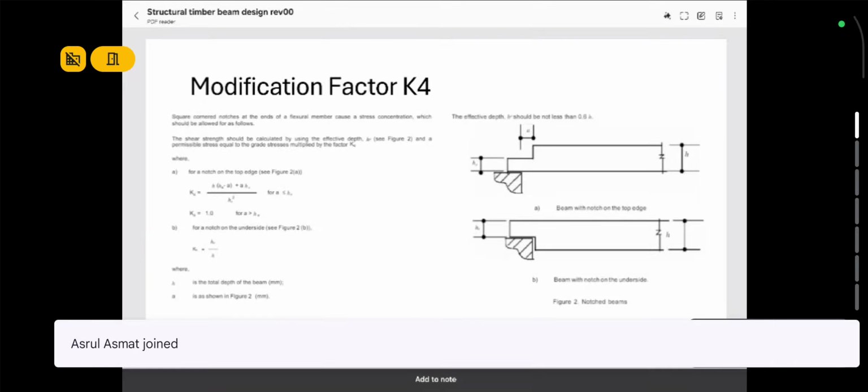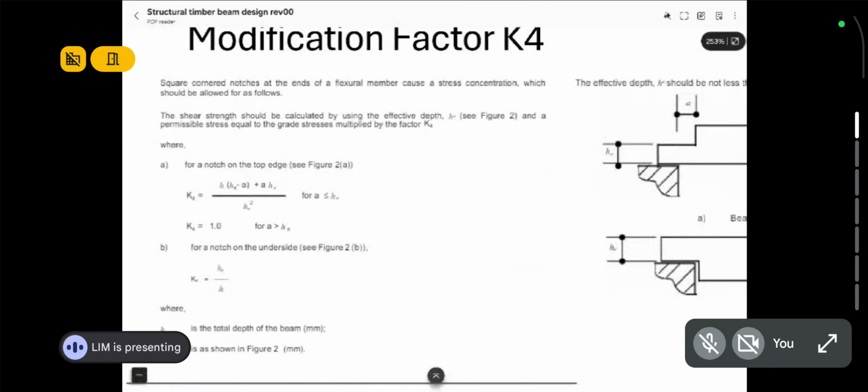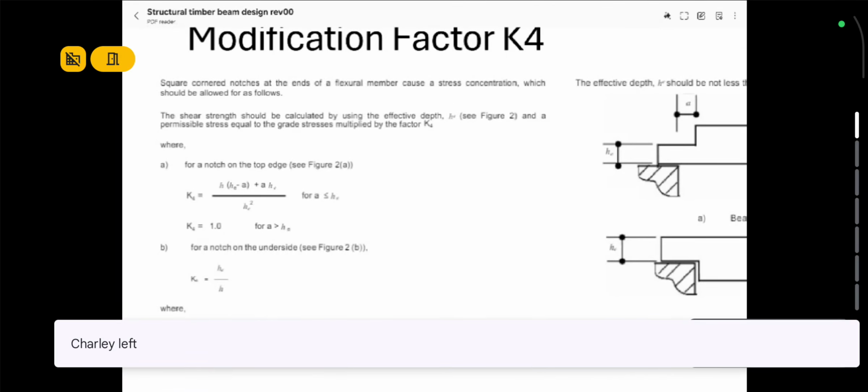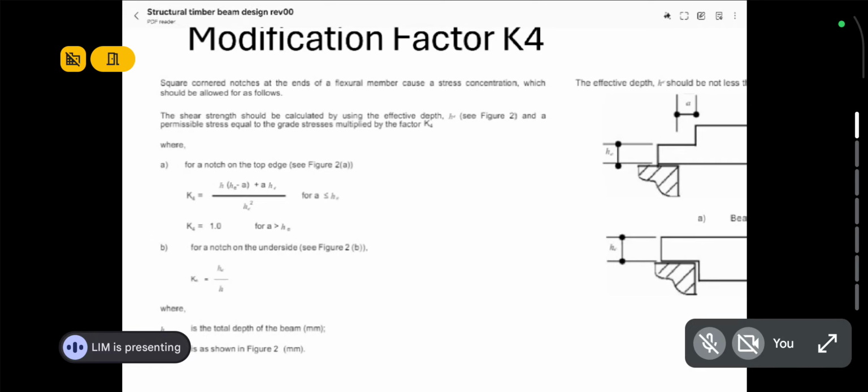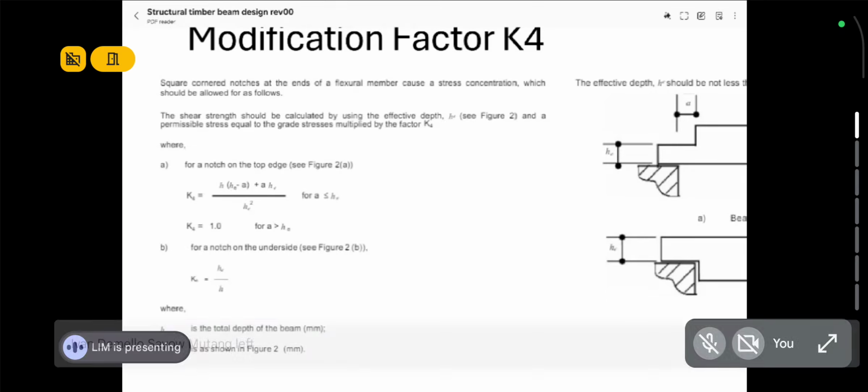If you cut the notch at the top, for K4 you use the first formula, A. If you cut the notch at the bottom, then you use the second formula, B. If you don't have any notches in your beams, then you just ignore K4. If you have notches at the ends of your beam, then you have to apply K4.